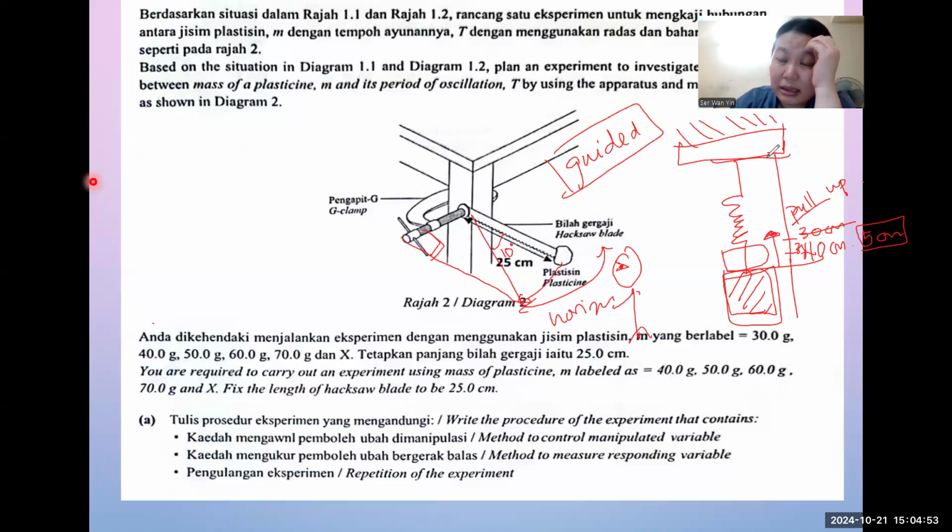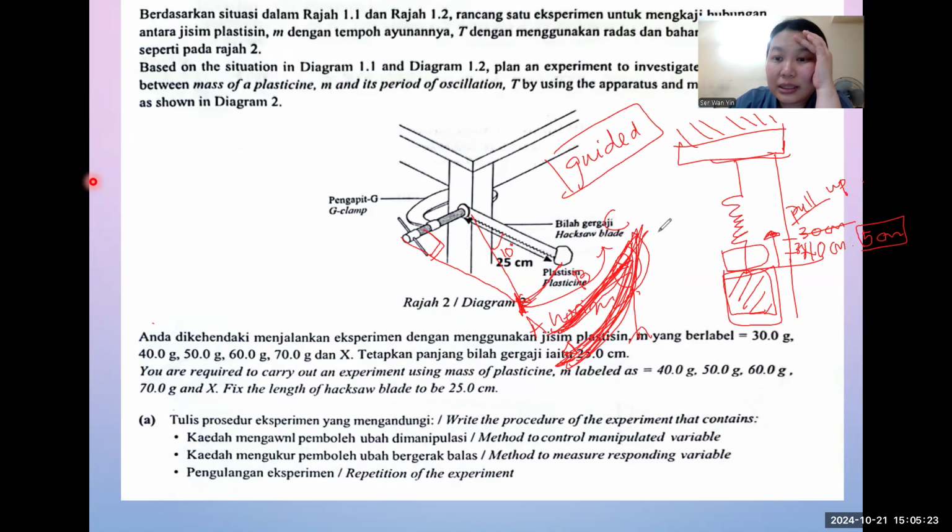So how to count oscillation? Remember, let's say if you start here, A, B, C. So it's from A to B to C, then C back to B and A, okay? Come back to A, count once. 1, 2, 3, 4, 5, 6, 7, 8, 9, 10, okay? Sometimes it swings too fast. For me, I will feel it swing very fast.